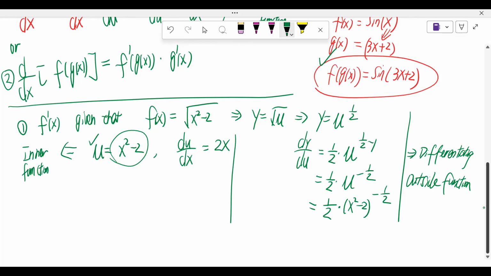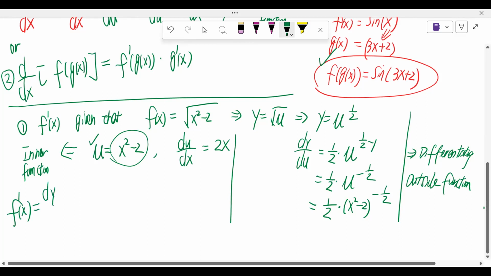If you put it together, we try to find f prime of x, the same thing as saying dy over dx, just different notations.